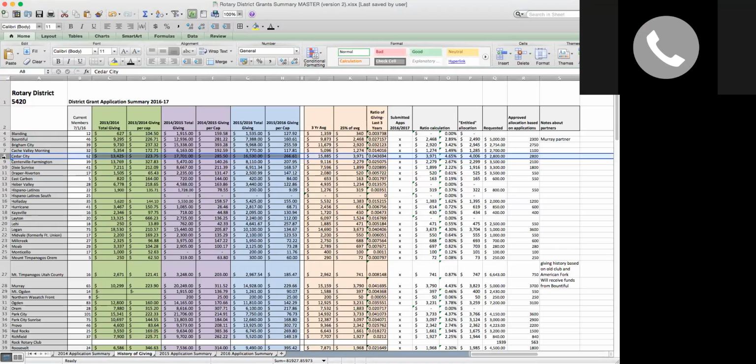So here's my question to you and to the others. Because we know how much money's coming in this next year, would it be advisable to tell the clubs that you may have this amount of money available to you?